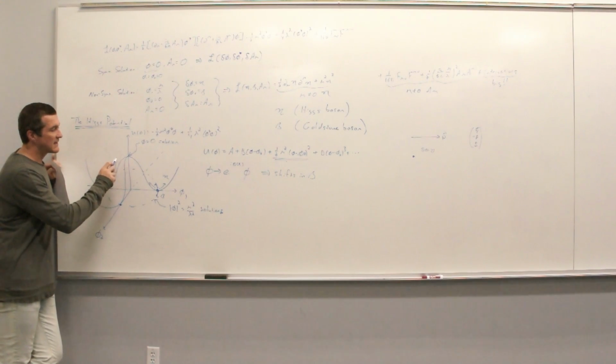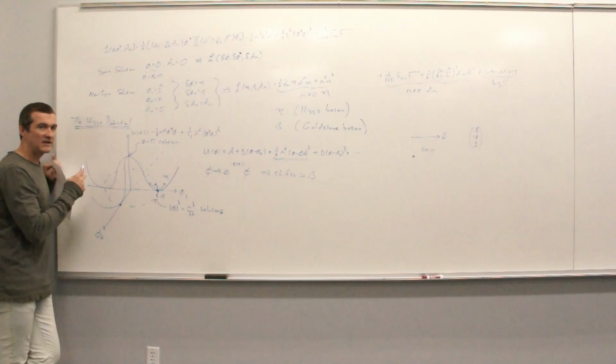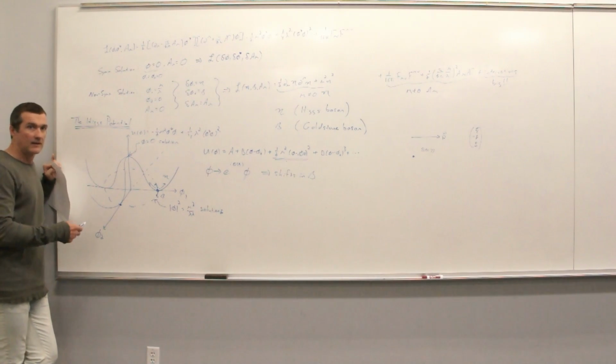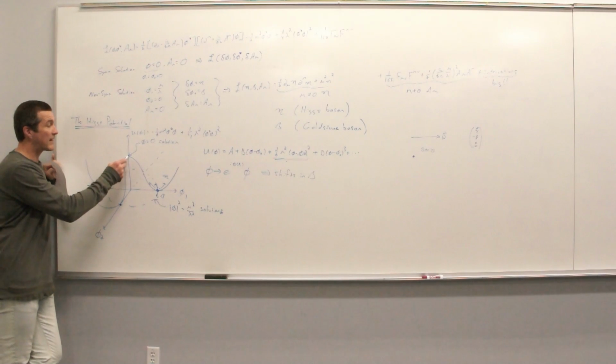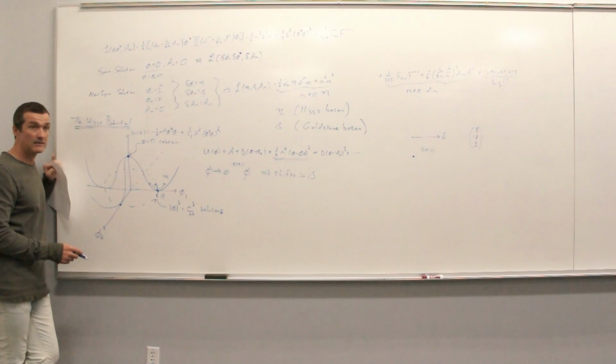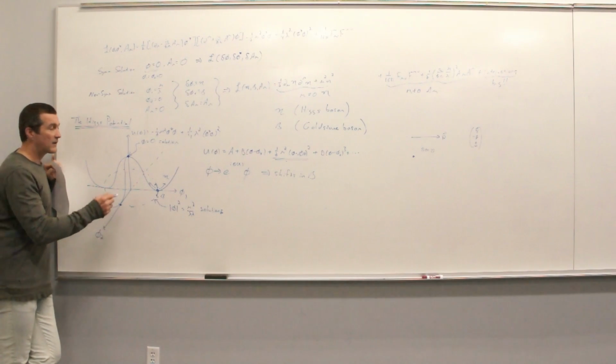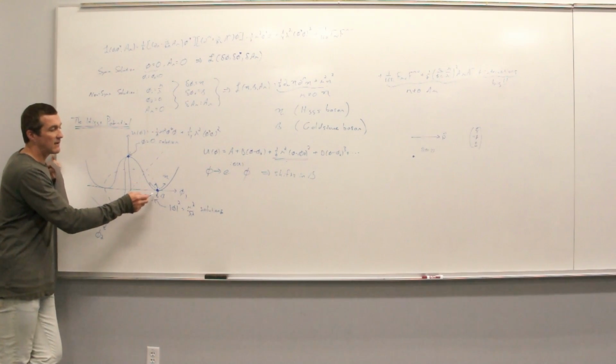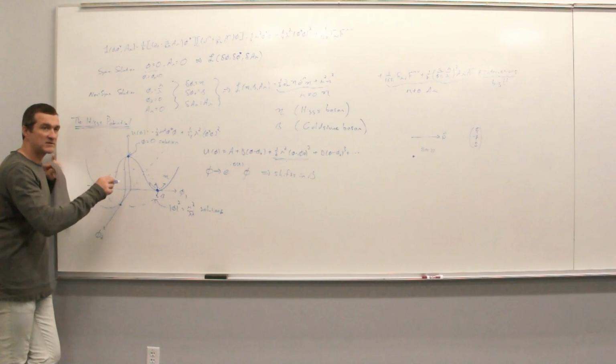The overall symmetry of this potential is preserved by which solution? Yeah, it's preserved by the 0 solution explicitly. Okay? Well, let me ask you a question. If I come down here, do I still have the symmetry of this potential?